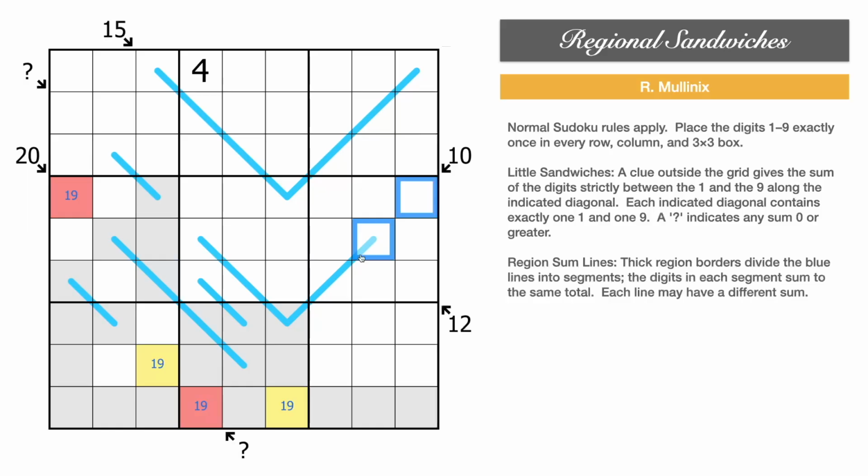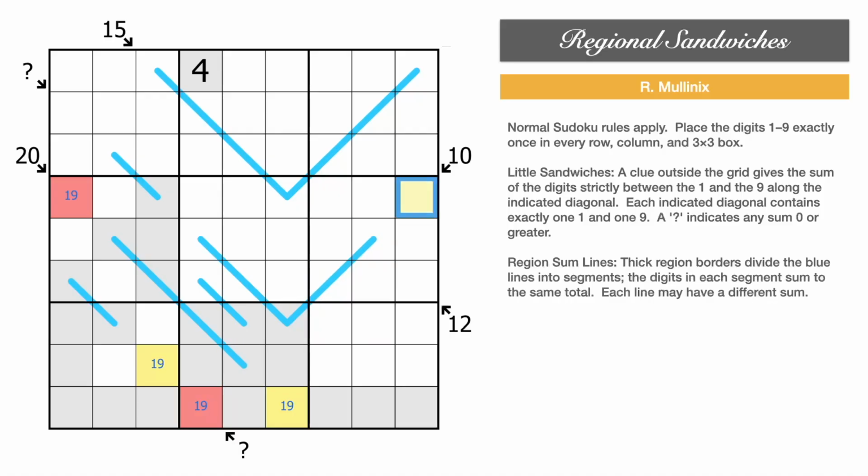So the next spot to look at is this 10 clue here. Let's quickly mark this as being gray. The 10 clue here, and we can't put 1 or 9 here, so we have to sandwich 10 somewhere here.